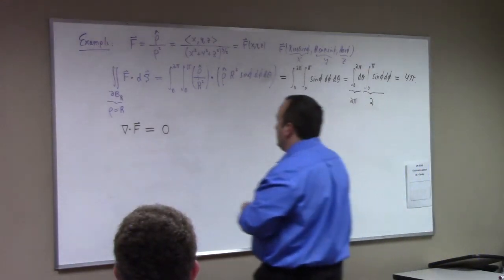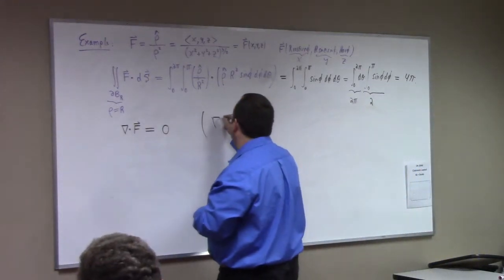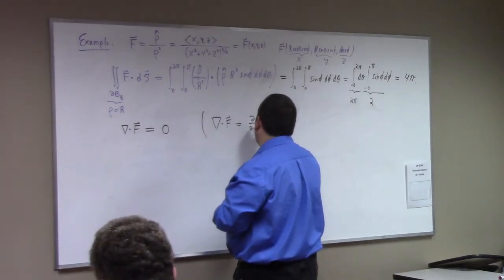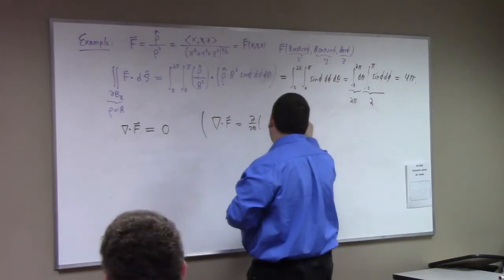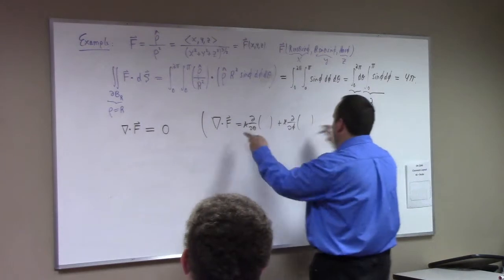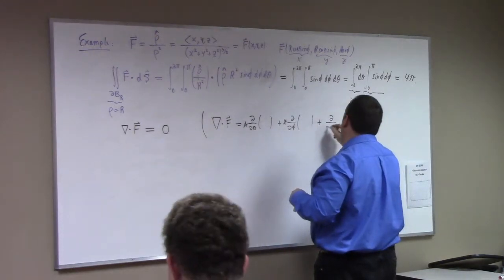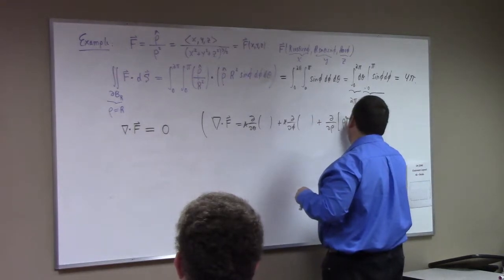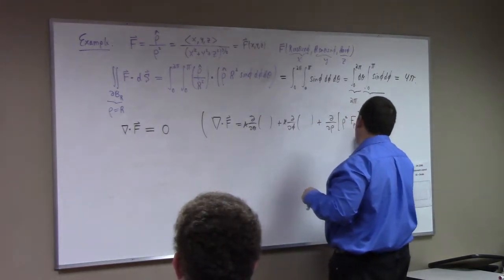The spherical divergence formula, it's got stuff like partial theta stuff, partial phi stuff. There's stuff here, there's stuff, I don't remember exactly. But finally, there's partial rho, and you end up with rho squared times the rho component of f.